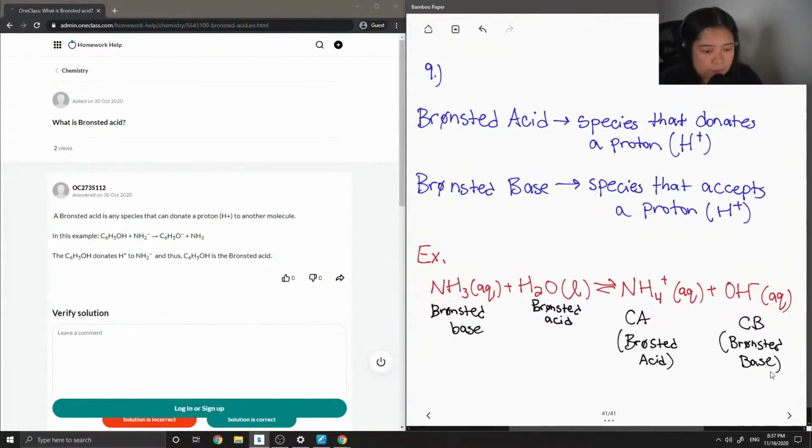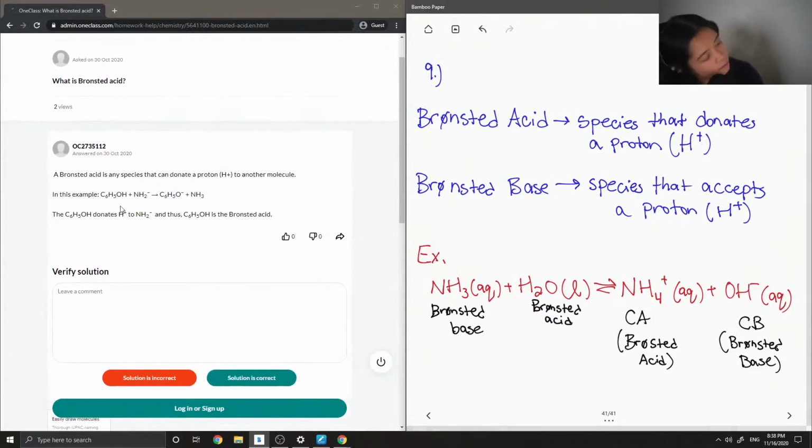Since if you were to do the reverse of this reaction, the OH- would accept one of the protons and become water, and the NH4+ will give one of the protons to the hydroxide ion.